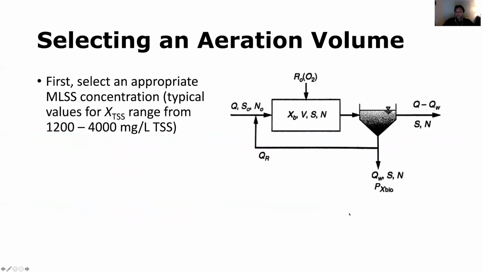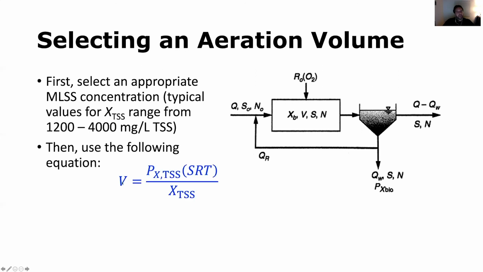All right, so the design process here consists of a few steps. The first step is to select an appropriate mixed liquor suspended solids concentration. Some typical values for TSS to choose for a design purpose might be in the range of 1,200 to 4,000 milligrams per liter.